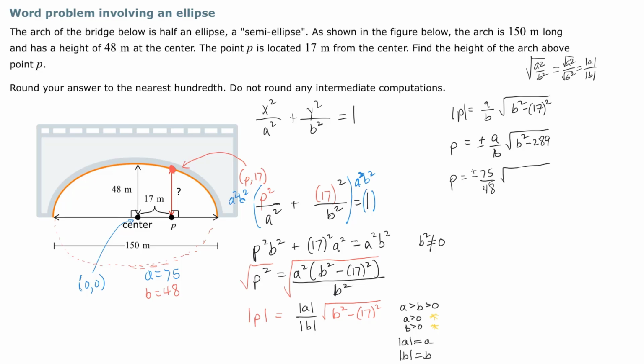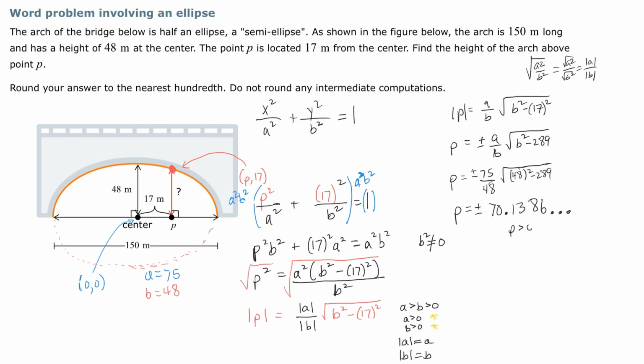B squared is 48 squared minus 289. Use the order of operations on your calculator and perform this computation. You get 7.0.1386 and lots of decimal places after that.